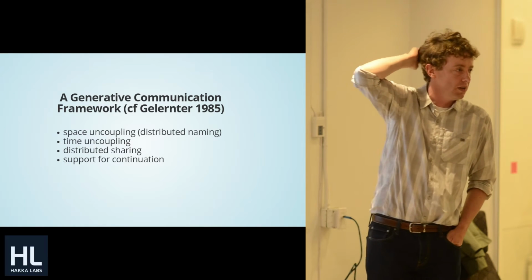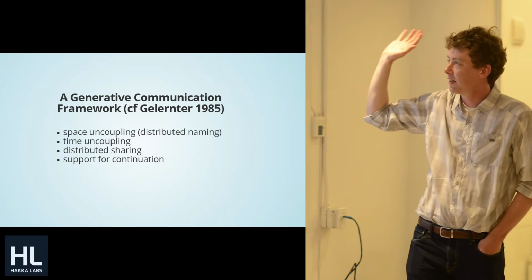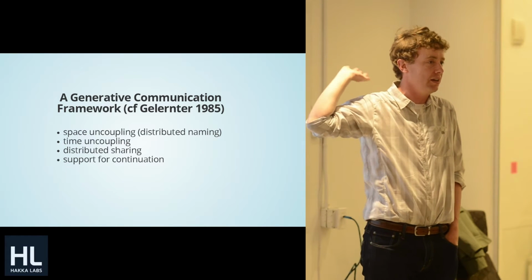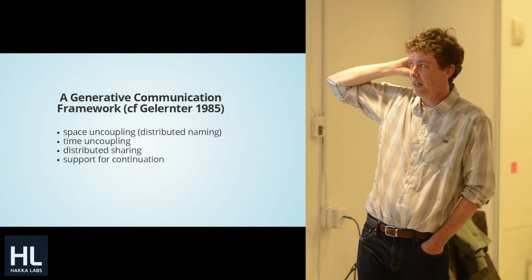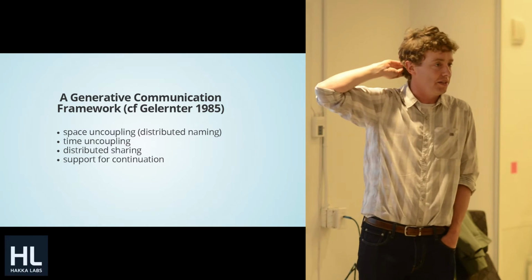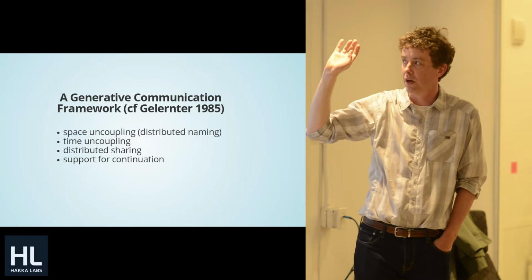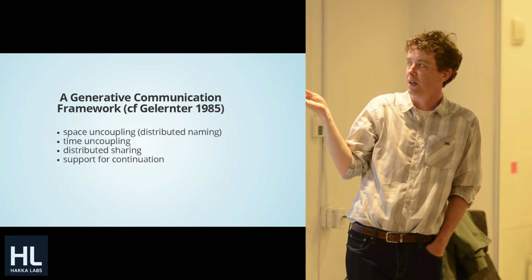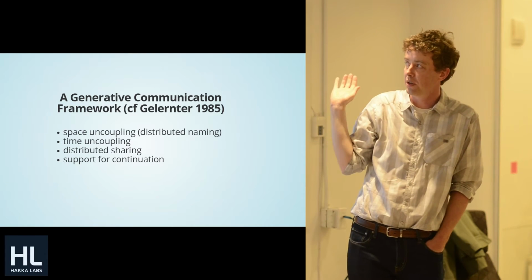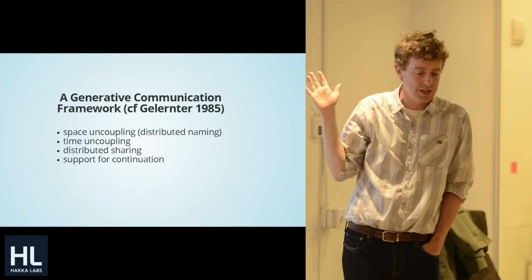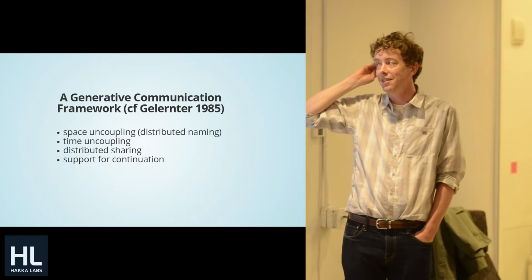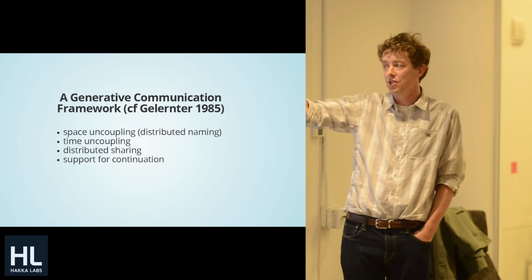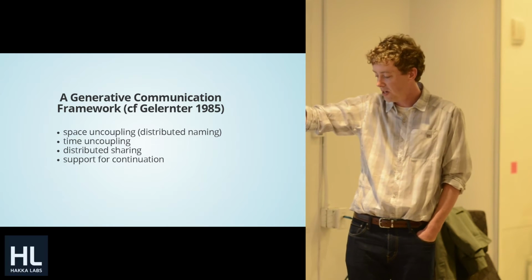If you know about distributed computing in the 80s, this may look a lot like tuple spaces, and in a lot of ways it is. It does satisfy these four essential properties for a generative communication framework that David Gelernter identified in a paper in 1985, which were space uncoupling, time uncoupling, distributed sharing, and support for continuation.